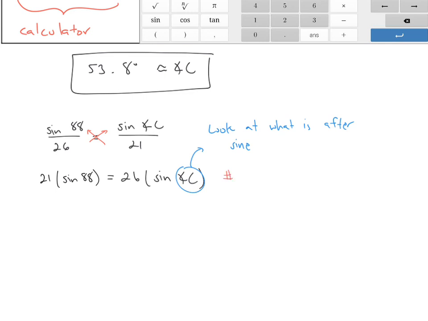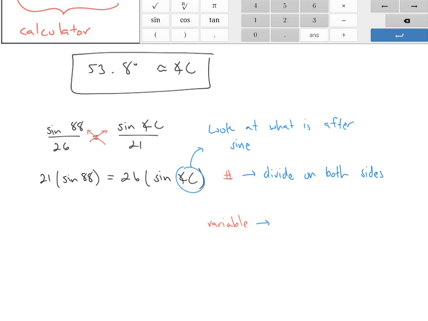When you look at whatever is after a sine, if it is a number, then we know that we're going to need to divide on both sides by sine of whatever that number is. But if we are looking at a variable, which is the case that we have here, angle C is a variable, we don't know what it is, we're trying to solve for it.